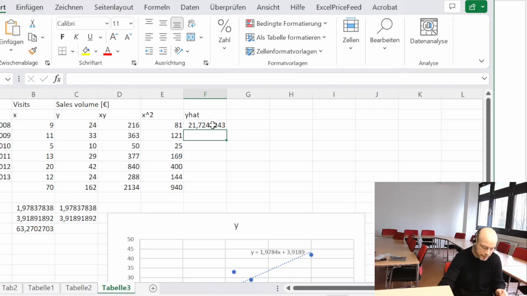So this is the theoretical value corresponding to our regression line, and y equals 24 is our data point.